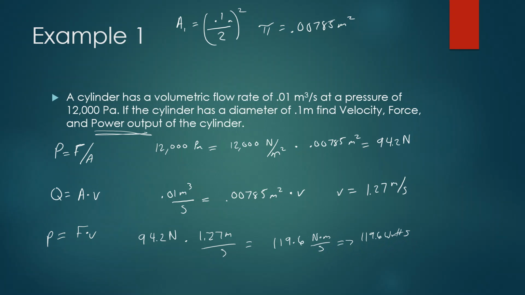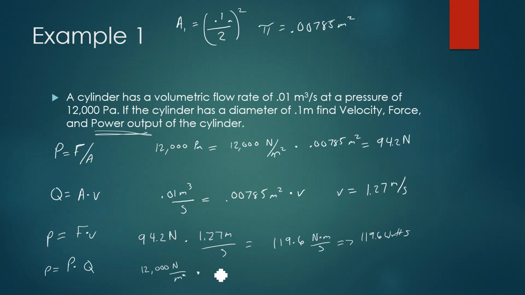We can also do this in our volumetric flow rate, which is power equals pressure times volumetric flow rate. So our pressure was 12,000 newtons per meter squared.